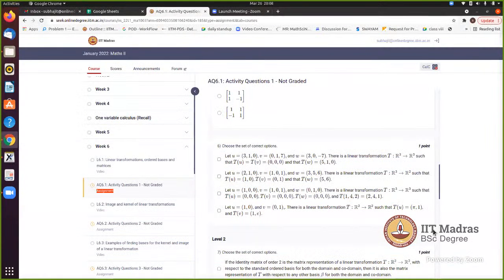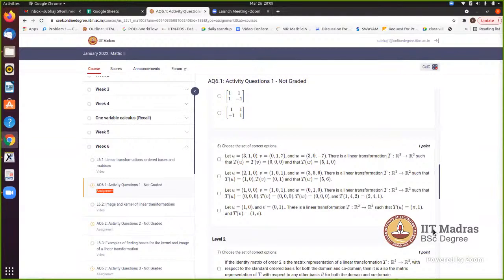Now if you see the rest of this, the third one is interesting. You have u, v, w and all of them are going to 0, right? And there is a fourth vector, (1, 4, 2), that is going to (2, 4, 1). Now, can this be a linear transformation? It cannot be. Why?